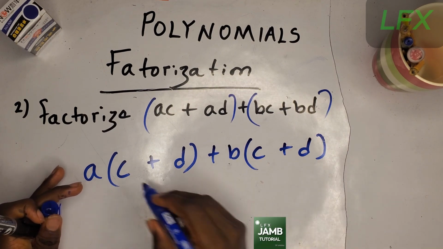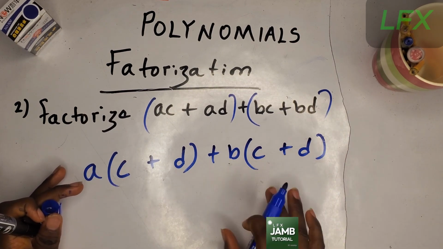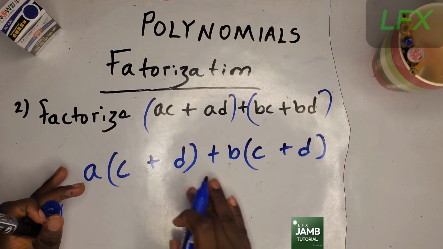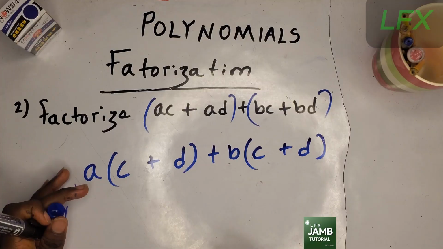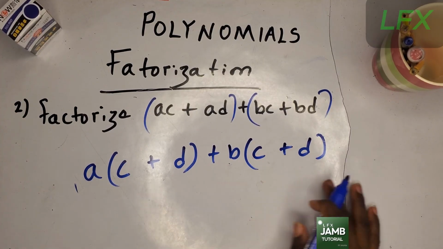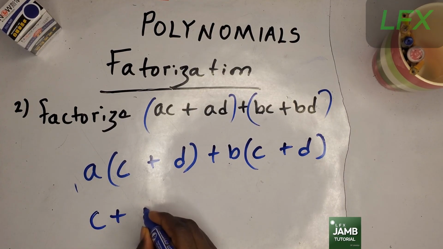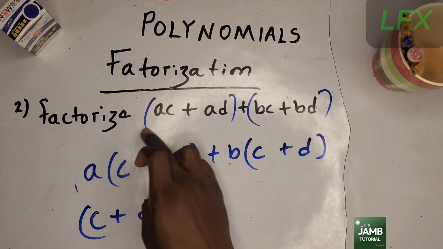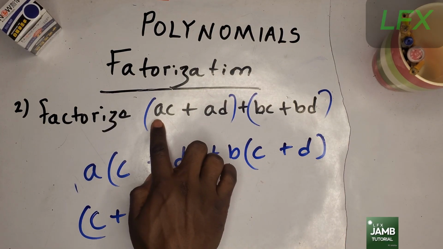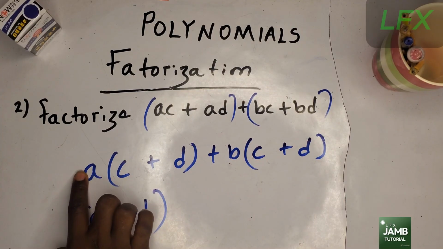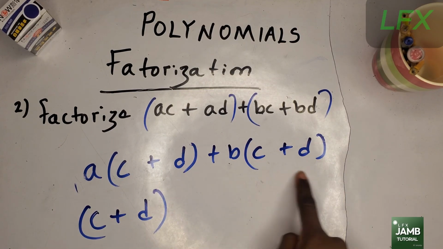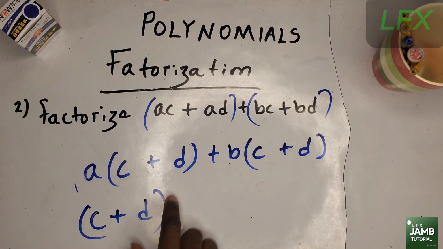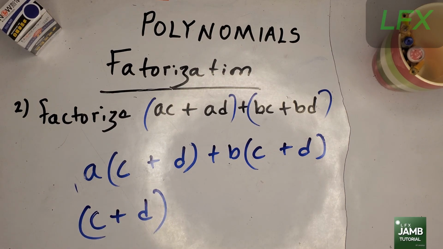That's what we do. So we have another group now, a group of 2 terms: b(c plus d), a(c plus d). So we choose one common factor, which the highest common factor here again is what? c plus d, right? Just the way we do this, we pick the highest common factor, which is c plus d, out. Now we are left with a and b. See what we mean?